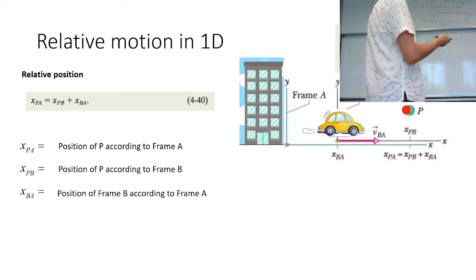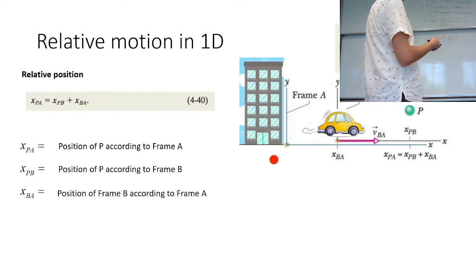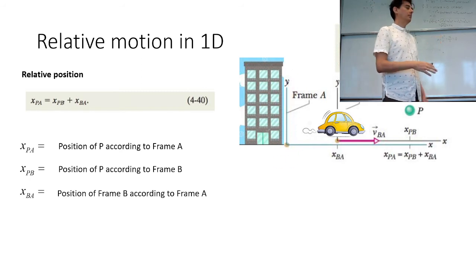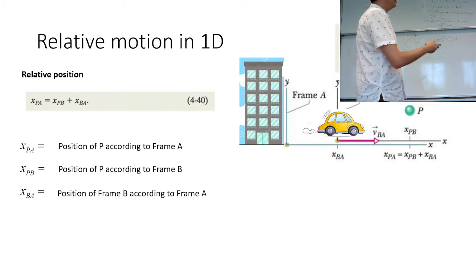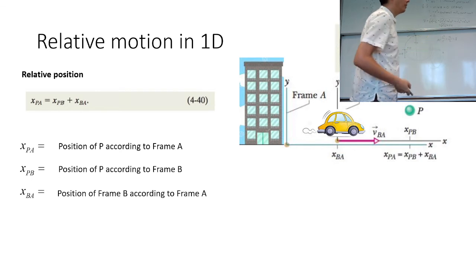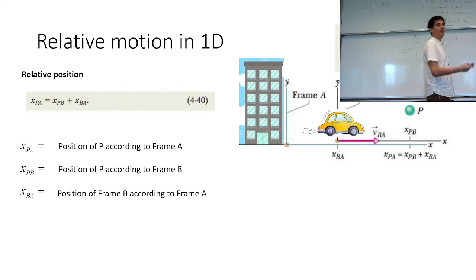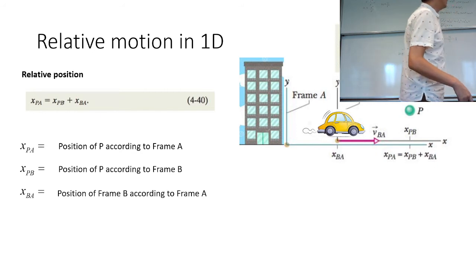There's one frame over here, and we can consider for this example that this frame is just the frame of the ground, right? It's not moving. And consider another frame, which is the viewpoint of somebody in a car that's moving at a constant velocity.